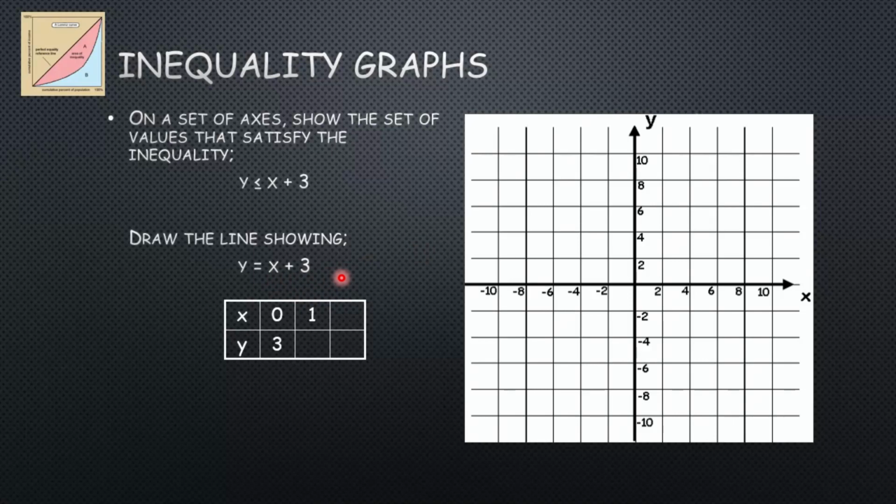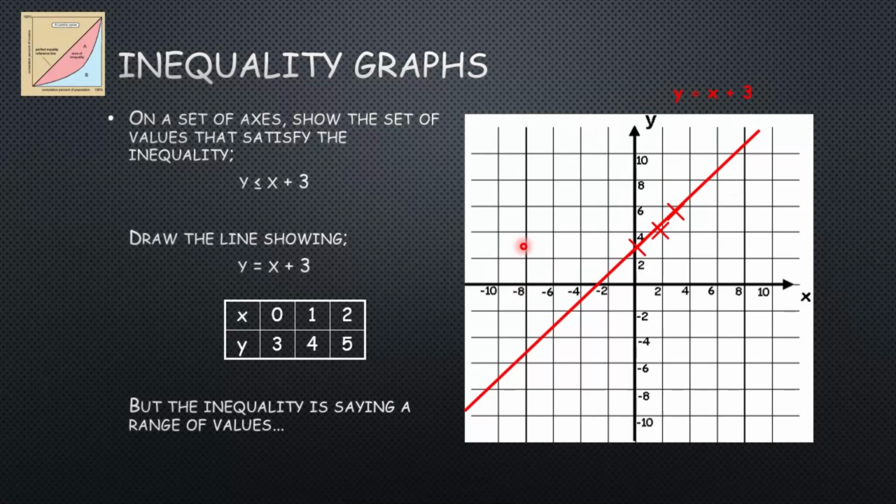When we put 1, y will be 4, and when we put 2, y will be 5. We construct the line through these points, and the line is solid, as we know there is an equality sign. Then we describe the region where y is less than x plus 3, so it will be this region.